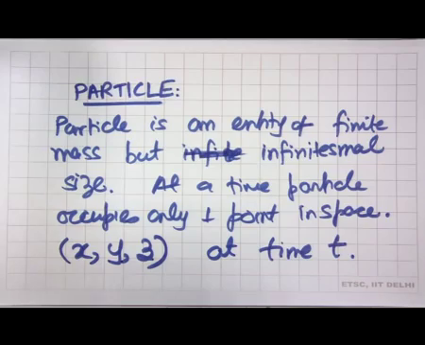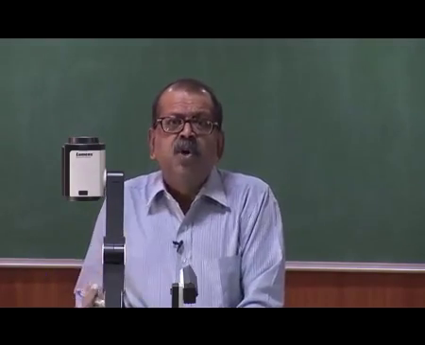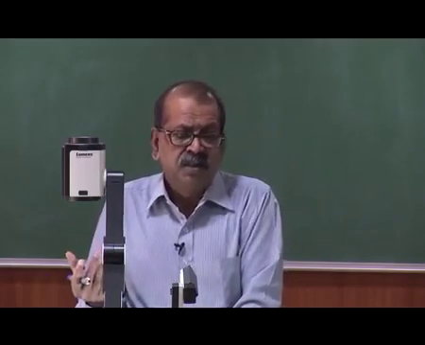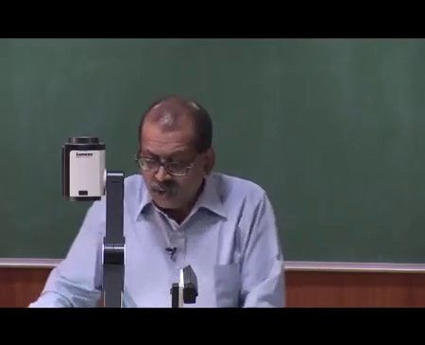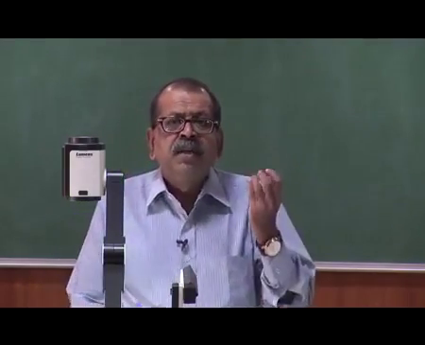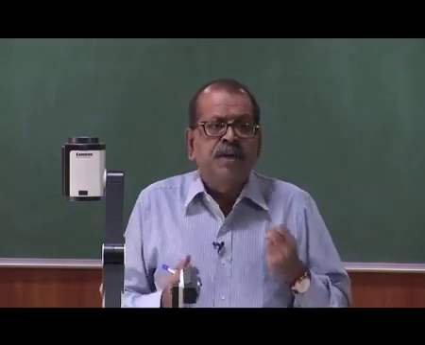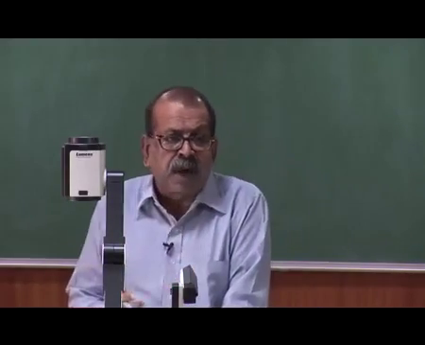Now, this is an idealization. I use the word idealization because everything which we know has a finite size. So, when we want to consider the motion of a body such that its physical size is not important, then we idealize it as a particle.